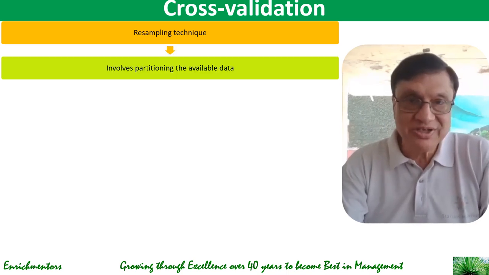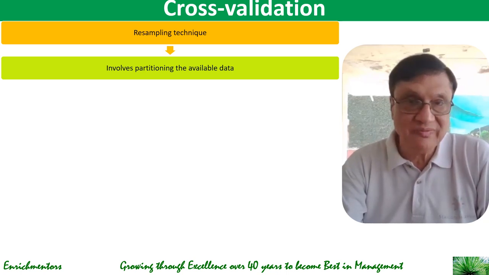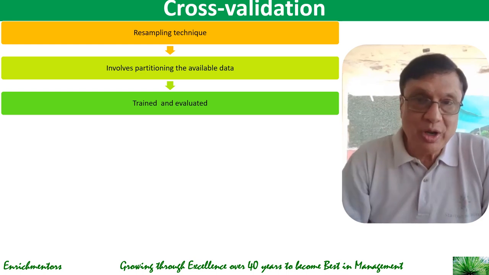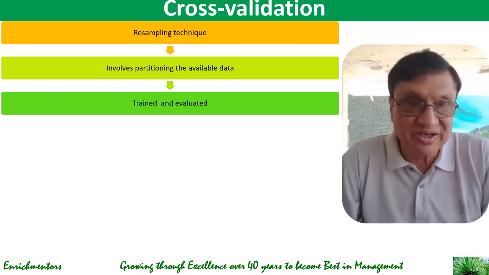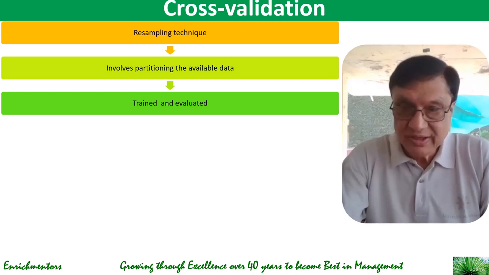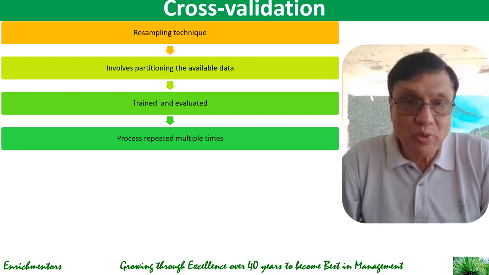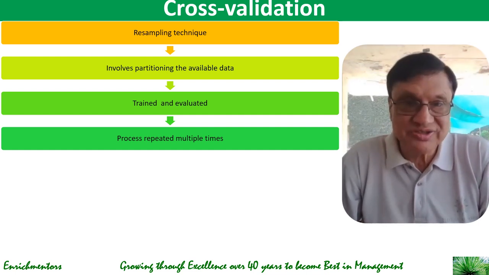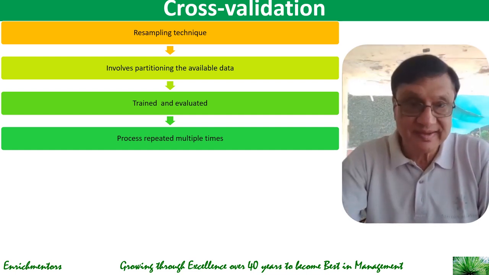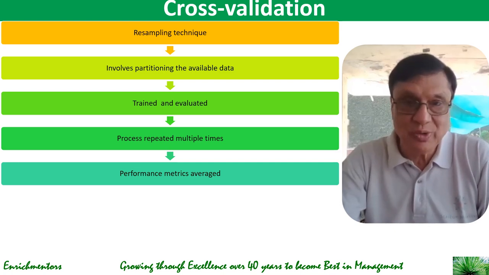It involves partitioning the available data into multiple subsets, called folds. And then the model is trained on a subset of data, the training set, and evaluated on the remaining subset, the validation set. This process is repeated multiple times, with each fold serving as a validation set exactly once. Now, the performance metrics are averaged across all folds to obtain an overall estimate of the model performance.